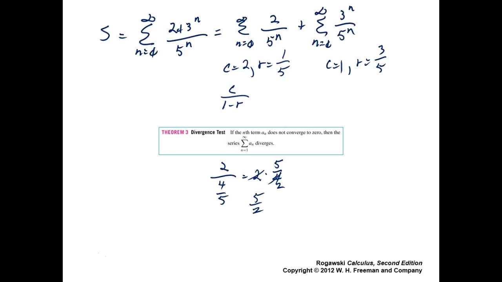Now, your summation there would be 1 over 2/5, which would be 5 halves, wouldn't it? And then add those two together. 5 halves plus 5 halves is equal to 10 halves, which is 5.